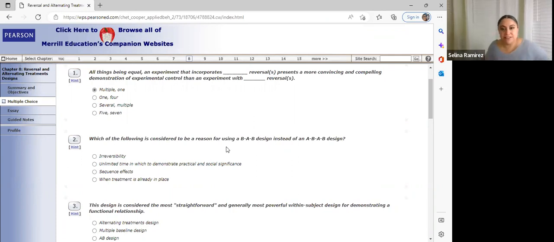Which of the following is considered to be a reason for using BAB design instead of ABAB design. So remember the A is baseline because everything in ABA doesn't make any sense. So A equals baseline. So why would we do a BAB which skips baseline instead of an ABAB?